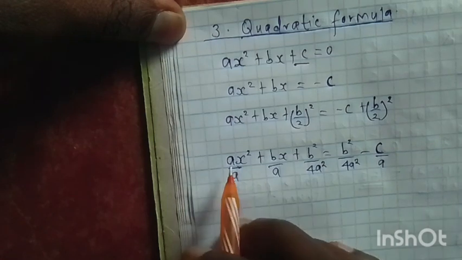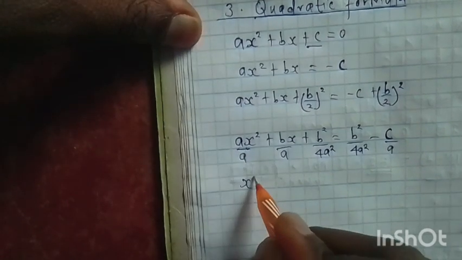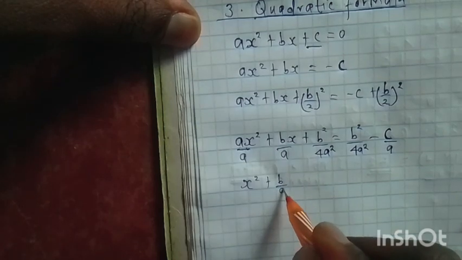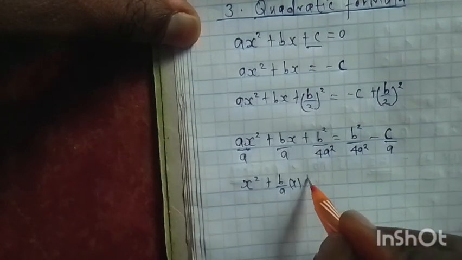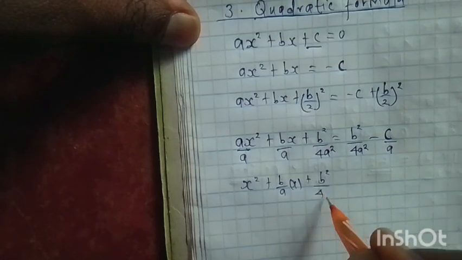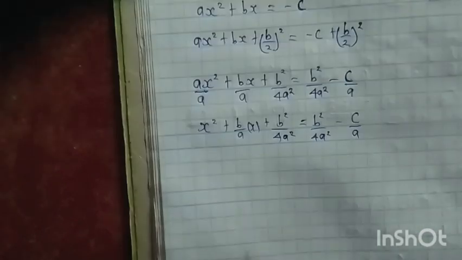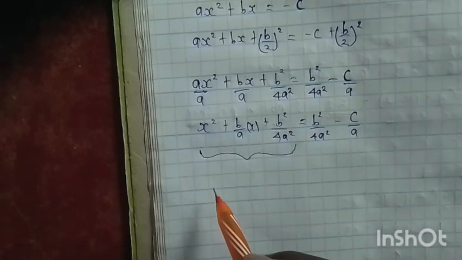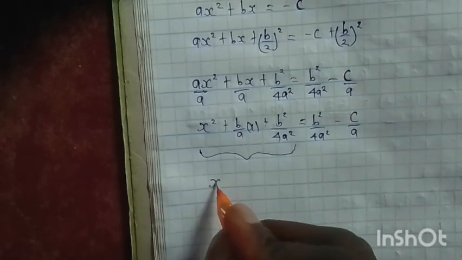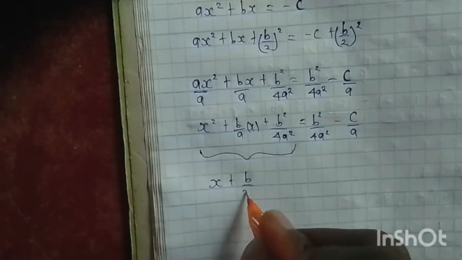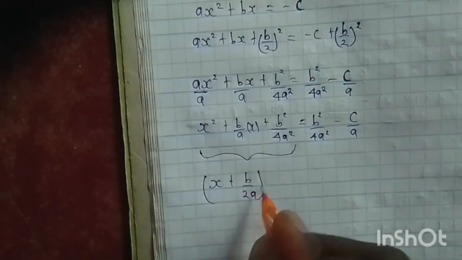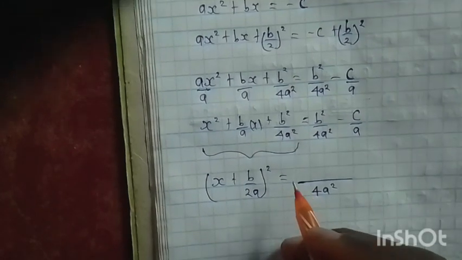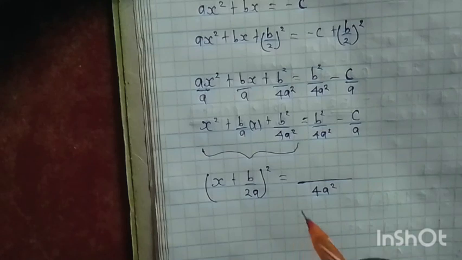Then we now have our equation. The left side can be simplified into a simple factor, that is x plus b over 2a, and this will be equal to, here now we find the sum. The LCM is 4a squared.